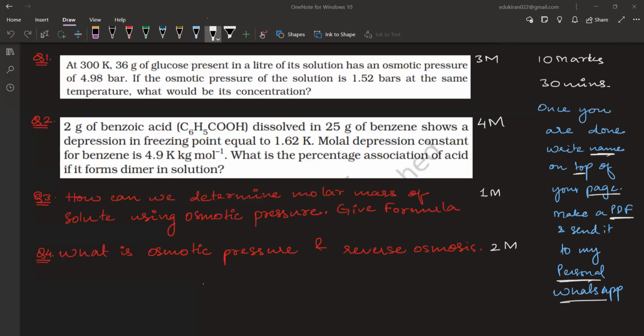Please start wrapping up and check once whether all the questions are right or not. After those 5 minutes, you will make a PDF and send it to me on WhatsApp. Is that clear, Abdul Rahman and Huzaifa? Yes, sir. Okay, great.